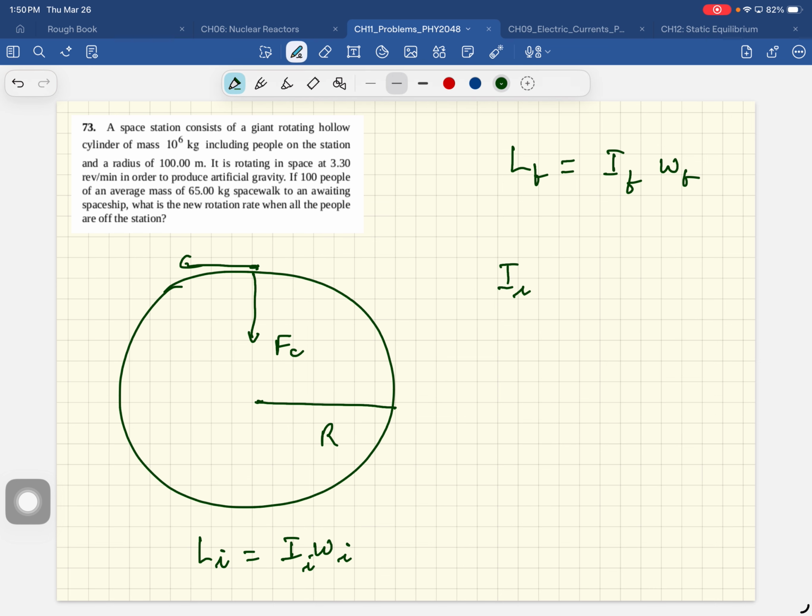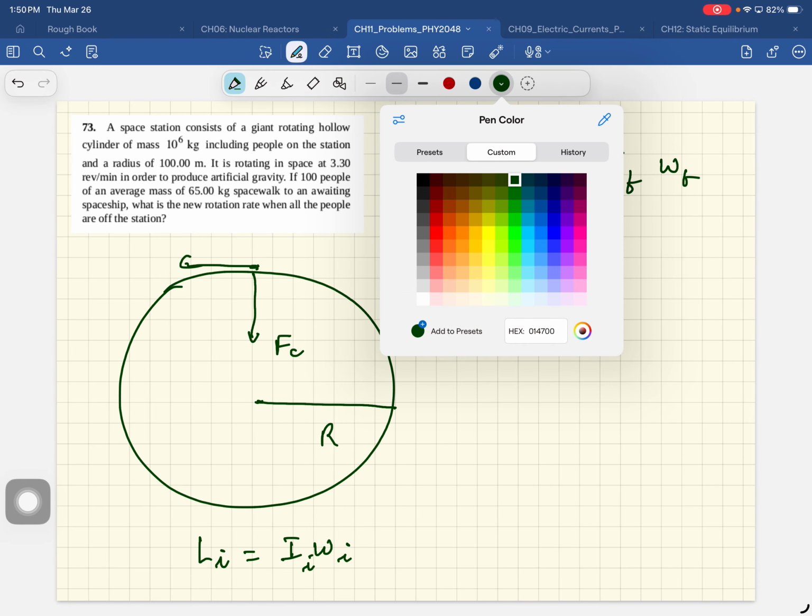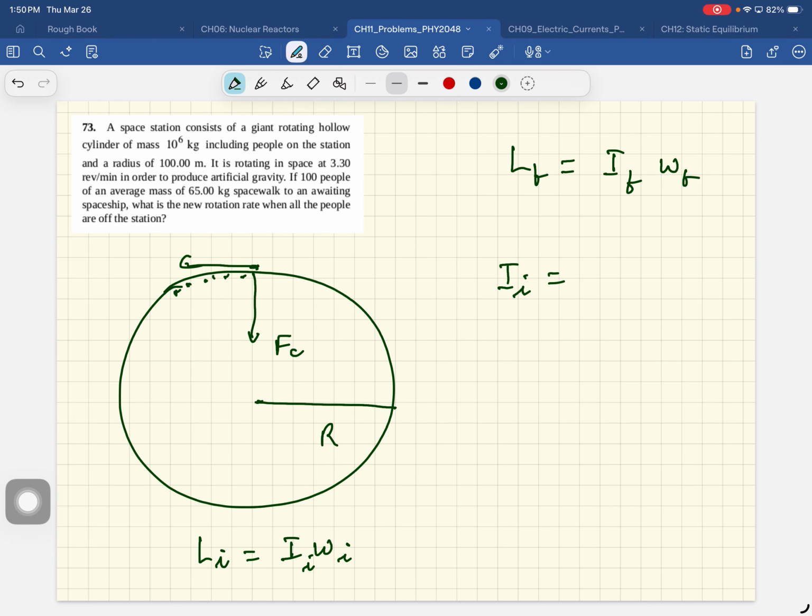So omega final is I initial over I final times omega initial. It'll speed up by that amount. That's 10 to the 10 divided by 0.9965 times 10 to the 10, times omega initial.